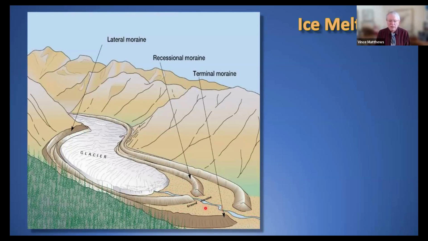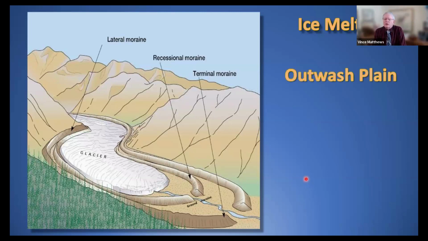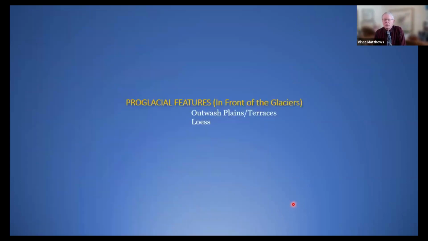So as this stuff erodes out, it's usually pretty erodible. Sometimes, like there's a place in Rocky Mountain Park where you haven't been able to cut down through it because it's all these huge boulders that the modern streams can't move. And so they are trapped behind in the moraines.